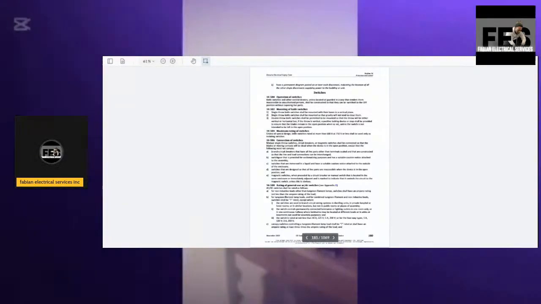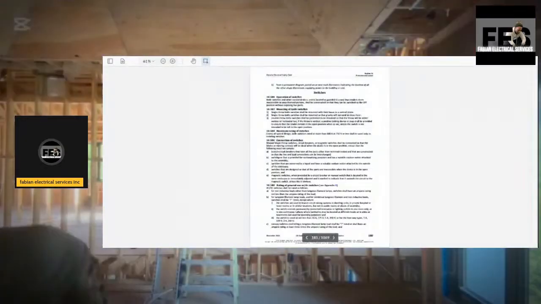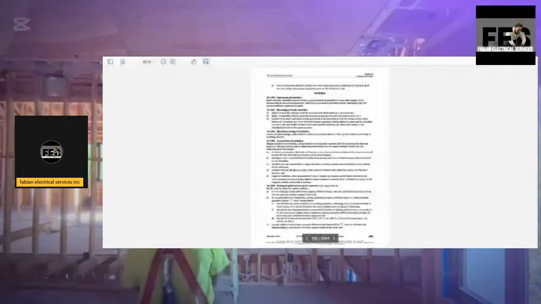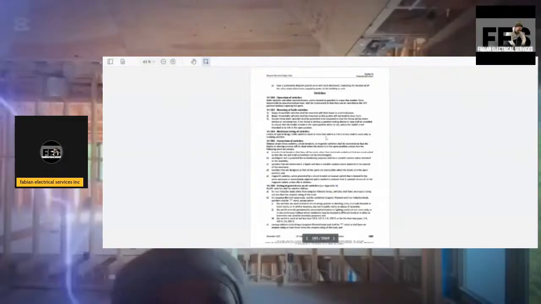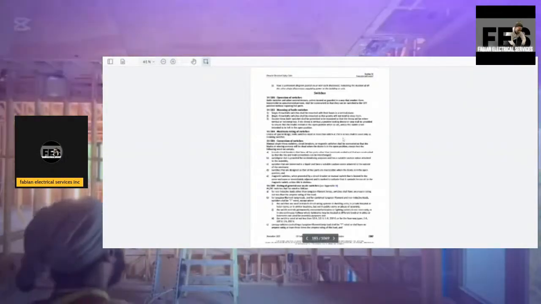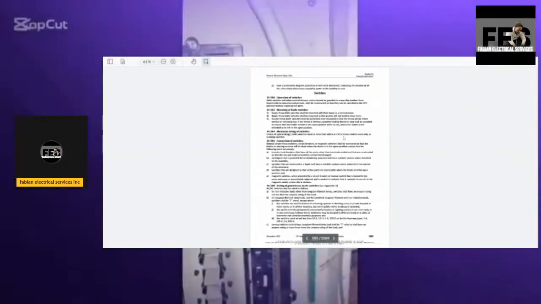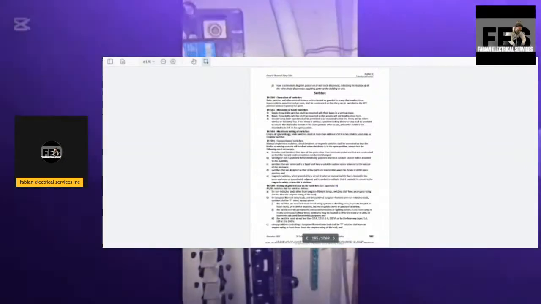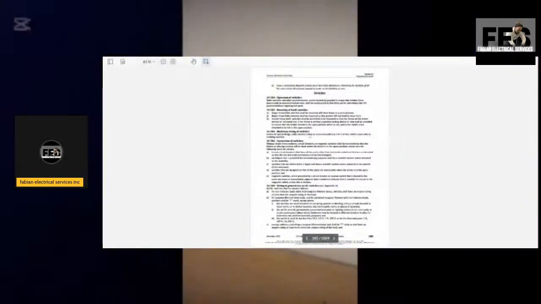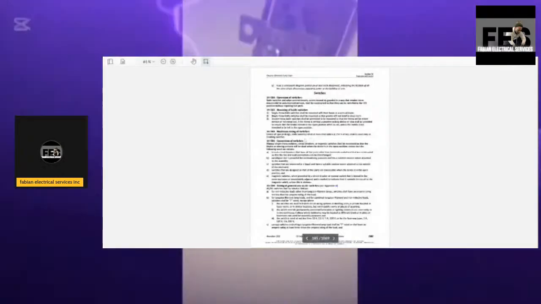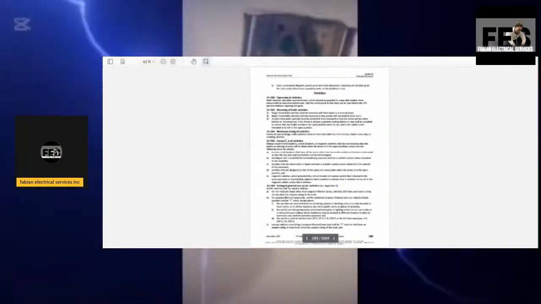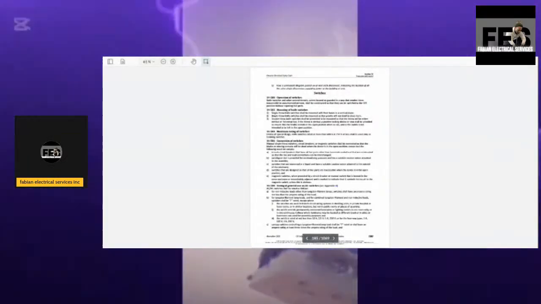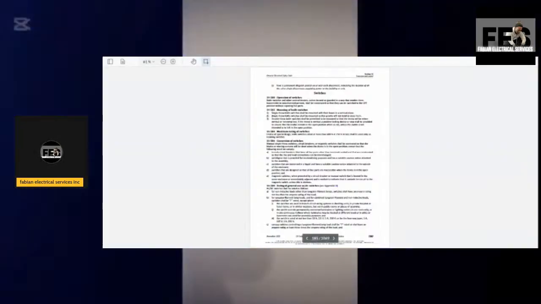Then it says maximum rating of switches: unless of special design, knife switches rated at more than 600 amps at 750 volts or less shall be used only as isolating switches. These are the disconnect switches that they're talking about, depending on the load.